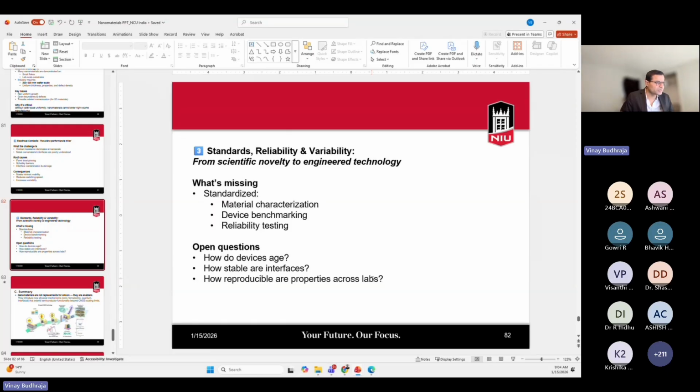Other nanomaterials, such as carbon nanotubes and graphene, you can say are more stable than the organic based, but they have their own limitations. The growing of those nanomaterials, they don't show stable performance, especially at the interfaces. So how reproducible the properties are, that is the open question.